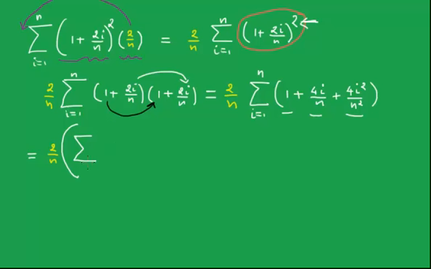So we're going to split this into the sum from i equals 1 to n of 1, plus the sum from i equals 1 to n of 4 over n times i, that's the second term, and then plus the sum from i equals 1 to n of 4 over n squared times i squared.